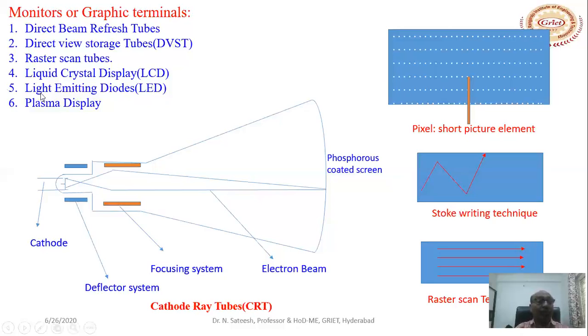So now the next, the fifth one, is a very important one: the light emitting diode. Today we are using the light emitting diode. Here, instead of crystals or pixels, your complete screen is divided into a matrix of diodes. When energy is transferred to the diode, it gets illuminated, and we can see the pictures very clearly.